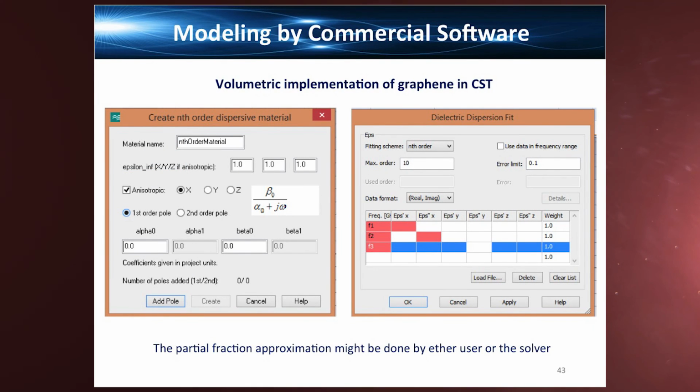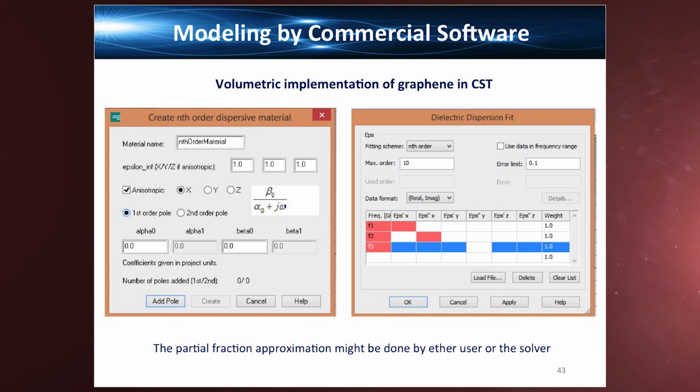In CST, when you are working with the time domain solver, you can either approximate the conductivity by yourself, or let the software approximate the conductivity.